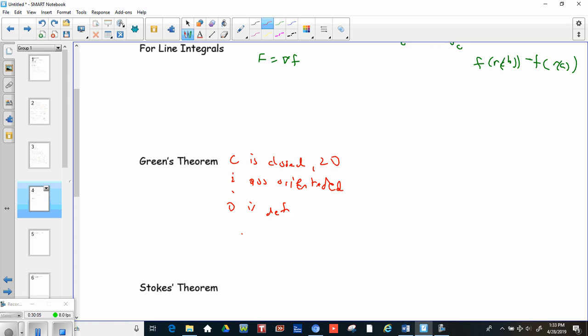D is bounded by C. And F is a vector PQ.